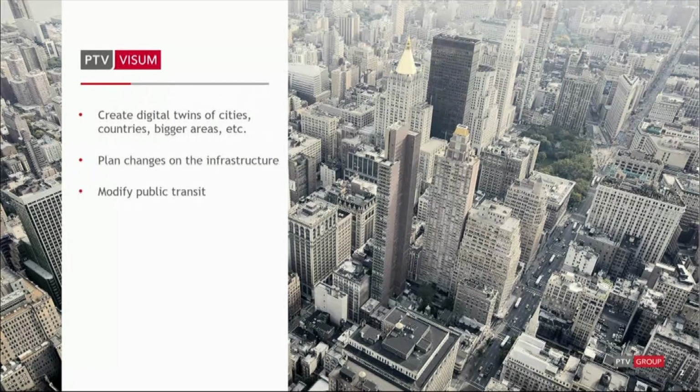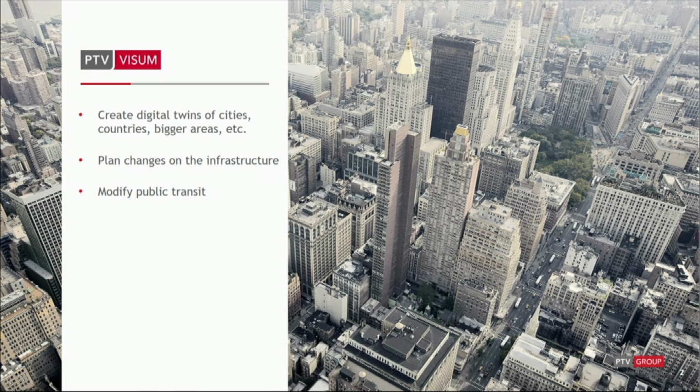We understand traffic simulation software in two big approaches. The macroscopic side, where we create digital twins of cities, countries, or even bigger areas like the whole European Union, including UK. We have it for use cases such as planning changes in infrastructure.